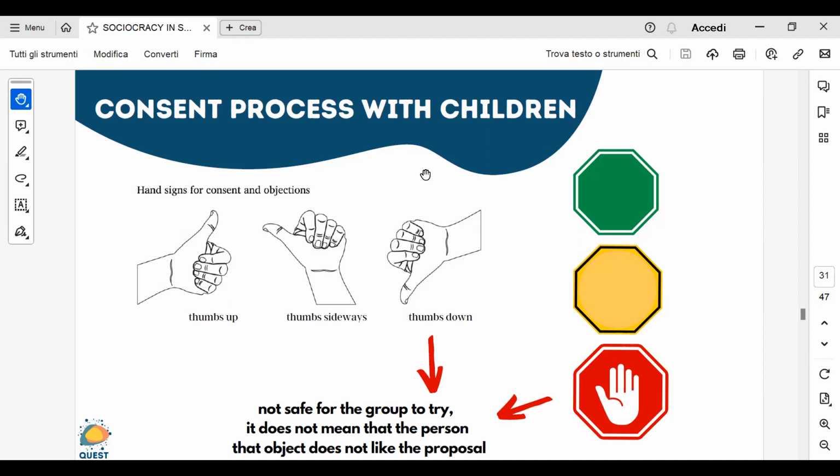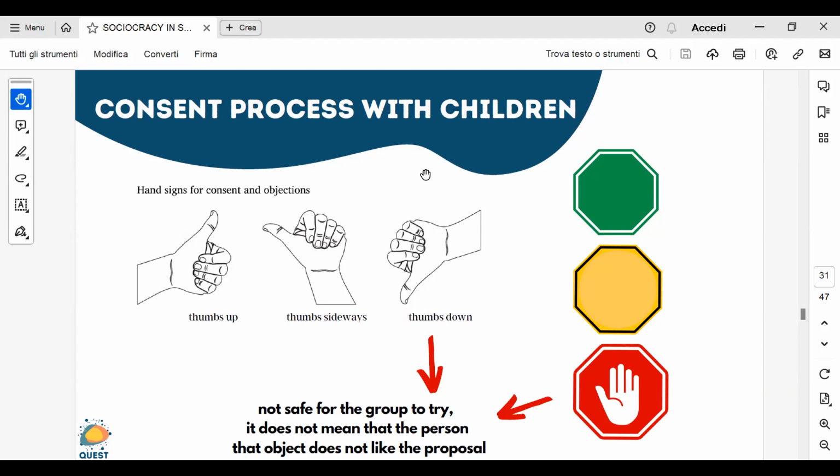So one way to go is to use thumbs. Thumbs up if they prefer the proposal, so they really like it. Thumbs sideways if they tolerate the proposal, if they can live with it. They don't love it, but they can live with it. Or thumbs down if they object to the proposal.